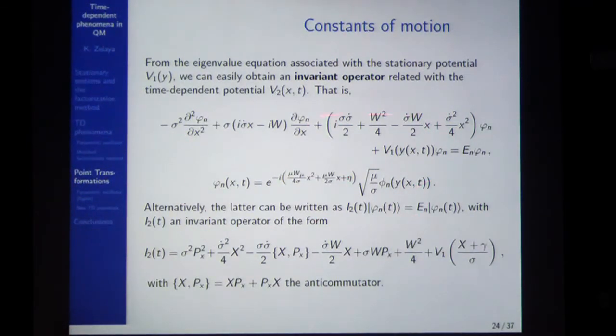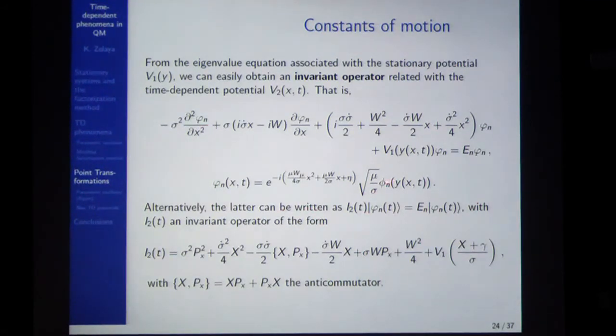This is in coordinate representation, or you can take a look here in terms of operators. In general, this is the most general way to get the constant of motion. If we have the constant of motion, remember we also have to get the eigenfunctions. The eigenfunctions are simply given by this.